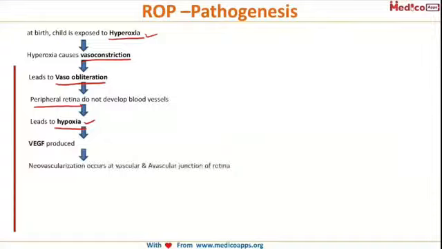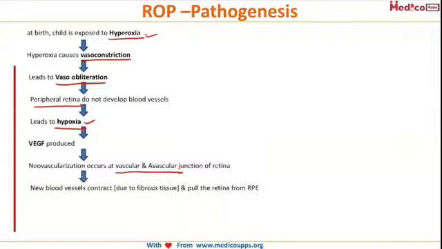Now, where does this neovascularization occur? It occurs at the junction of the vascular and avascular retina. These new blood vessels contract because some amount of fibrous tissue is present in them and they cause a pull on the retina. They pull the retina away from the retinal pigment epithelium, causing a tractional retinal detachment, finally resulting in loss of vision.